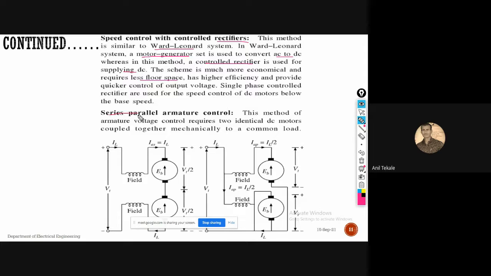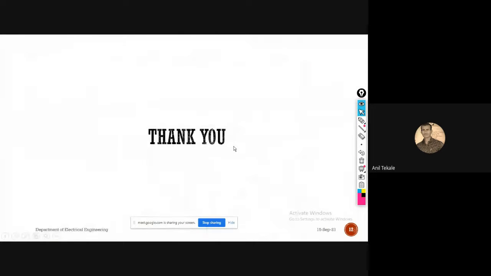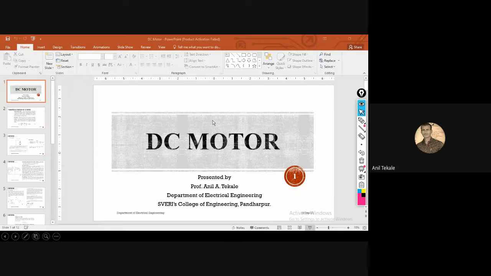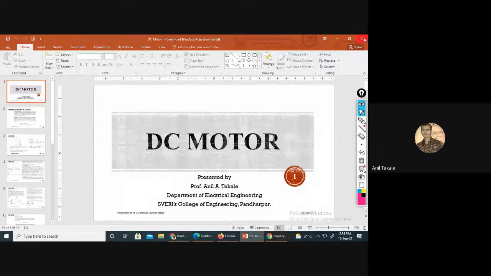Then the second is series parallel armature control. In that method, armature control requires two identical DC motors which are coupled to each other. That coupling is the mechanical coupling, and it is almost necessary in the case of our DC motor.